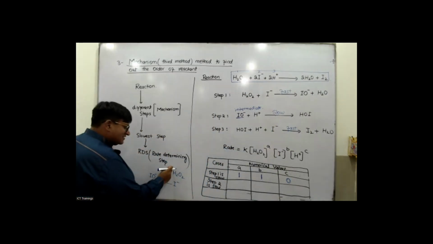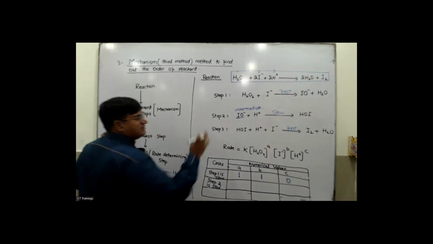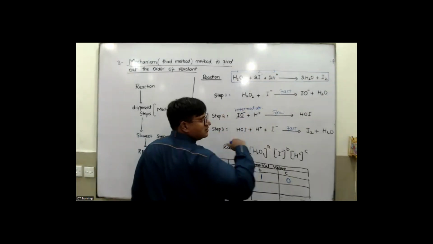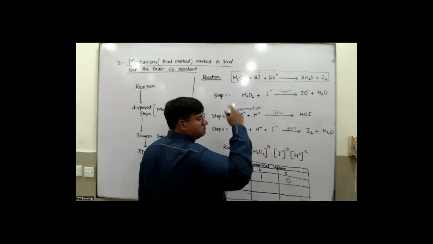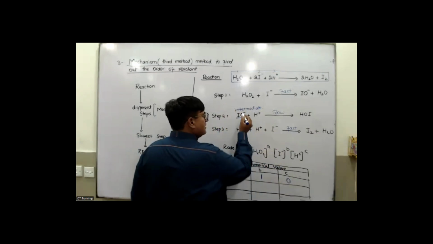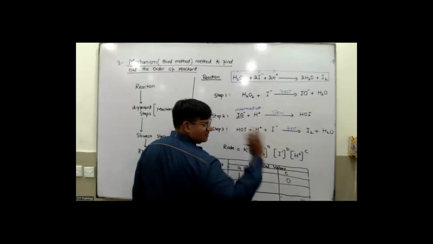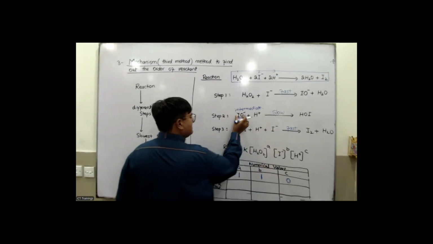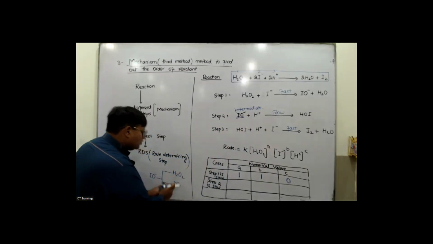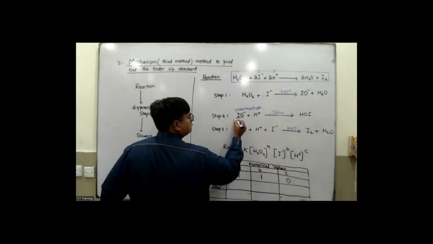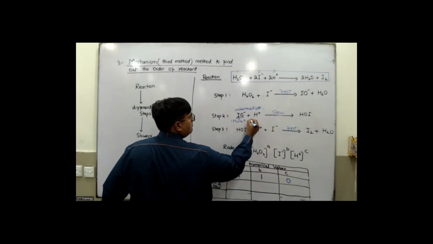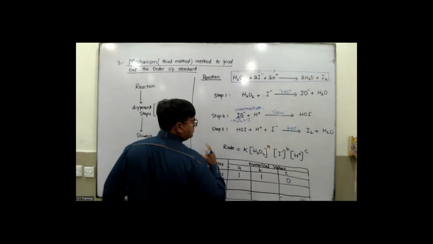So it represents one mole of each of these. Just think about it, this is nothing imaginary, and this represents H2O2 and I minus, 1 mole each. So just write it in a small way: H2O2 1 mole plus I minus 1 mole.